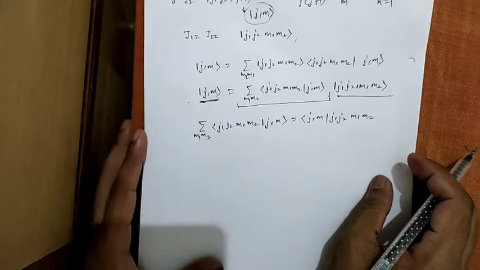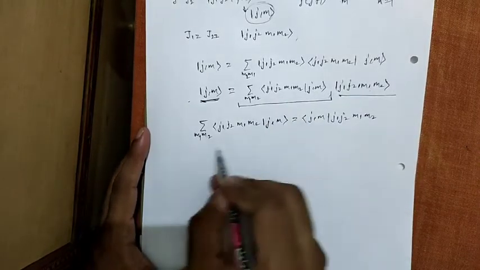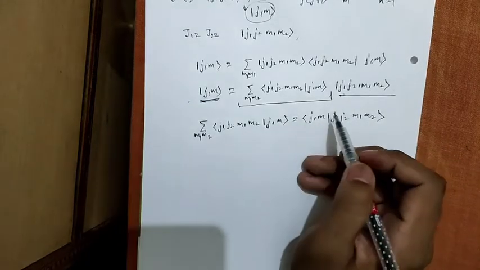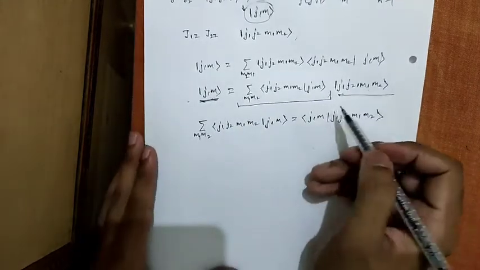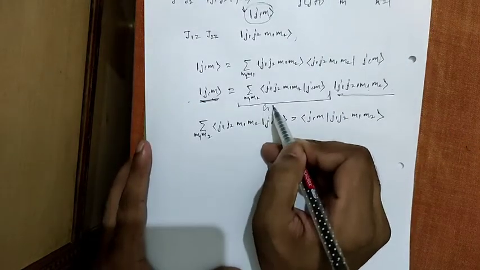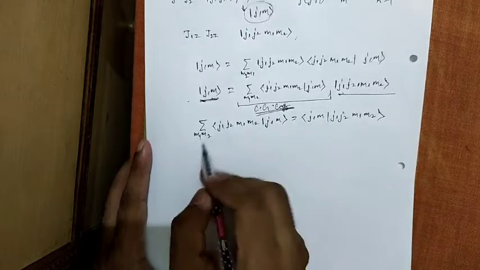From here we can also establish the orthonormalization relation for this coefficient which transforms the |JM> state to the |J1, J2, M1, M2> state, and from now onwards we call this coefficient the CG coefficient. It is named the CG coefficient.